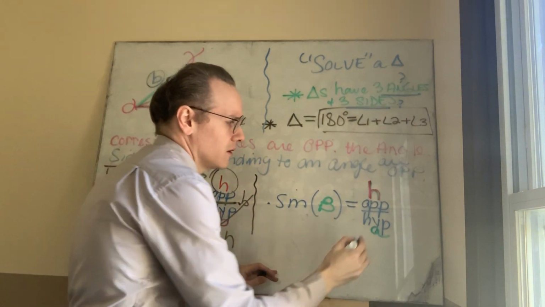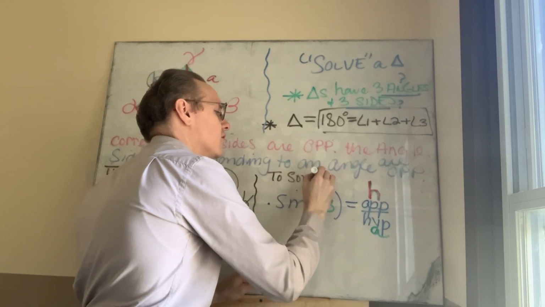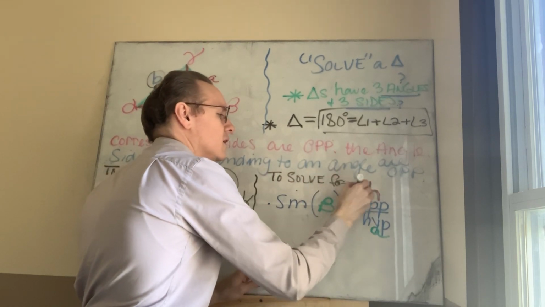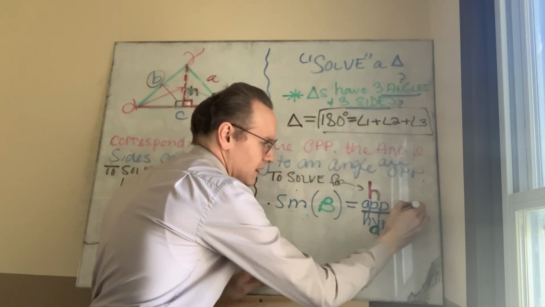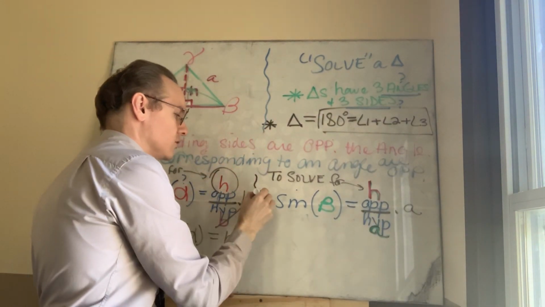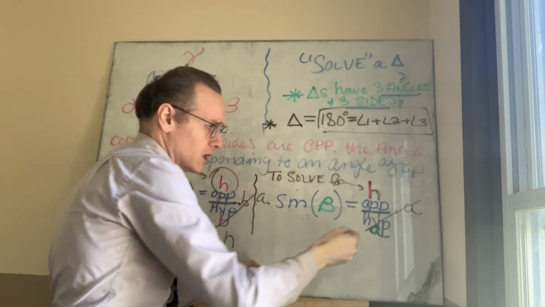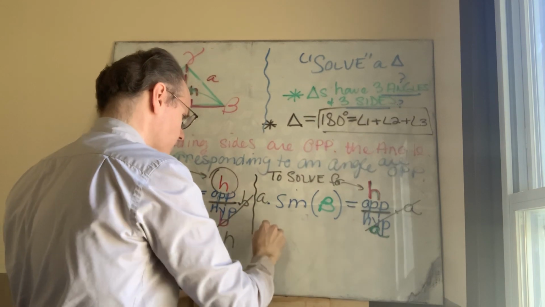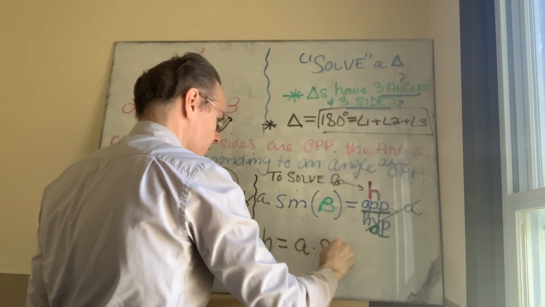Similarly, if I wanted to solve for h, in this case, it would be a matter of instead of dividing by a, it would be times a. And then do the same thing to both sides to make it legal. The a's would cancel, and h in this case would be equal to a times the sine of beta.